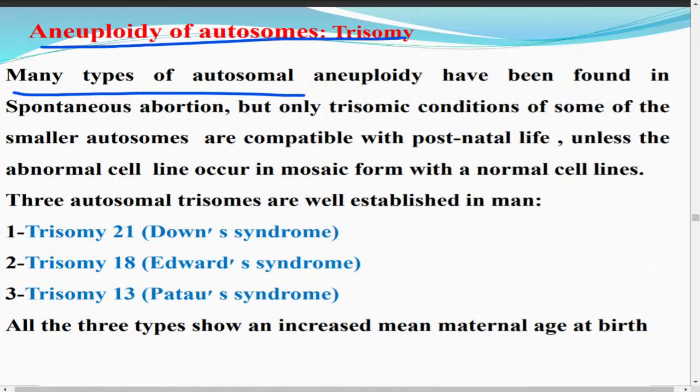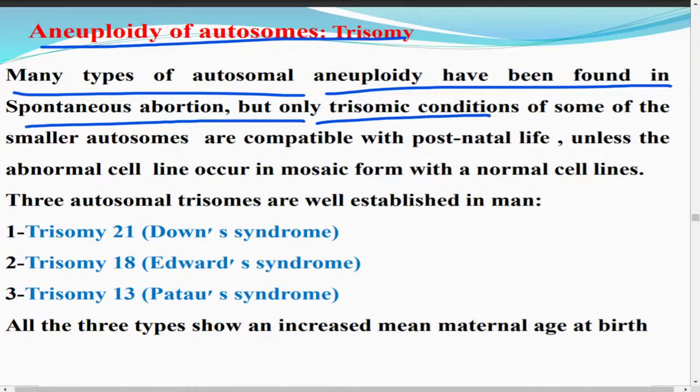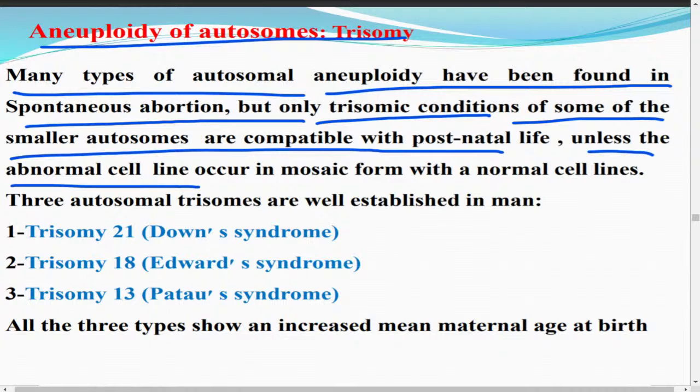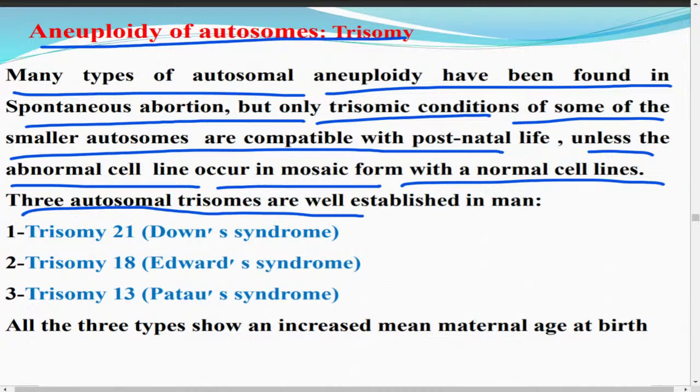Many types of autosomal aneuploids have been found in spontaneous abortion, but only the trisomic condition of some of the smaller chromosomes is compatible with postnatal life, unless the abnormal cell line occurs in mosaic form with a normal cell line. Three autosomal trisomies are well established in man.